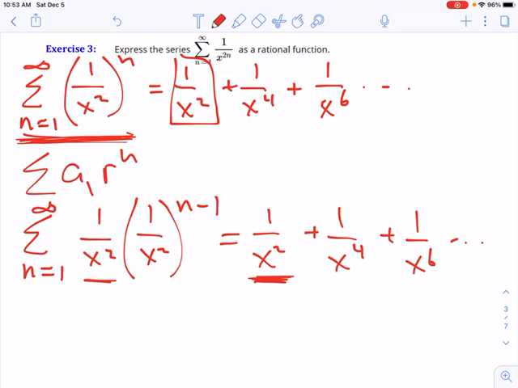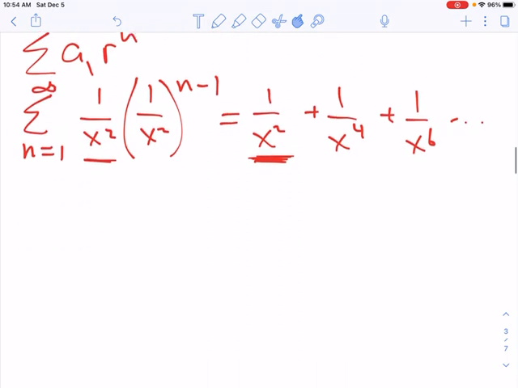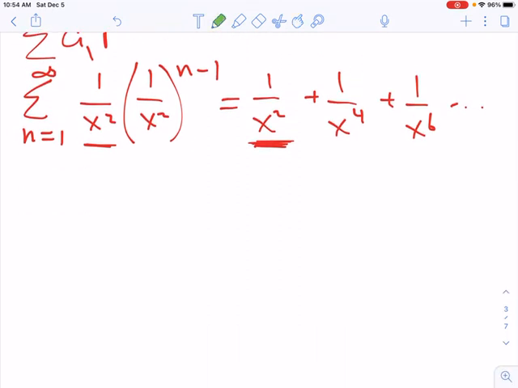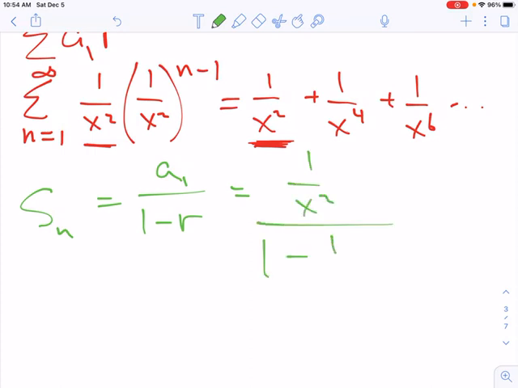So now that we know the correct form of the geometric series, the sum, which is a sub 1 over 1 minus r, is going to be 1 over x squared over 1 minus 1 over x squared.